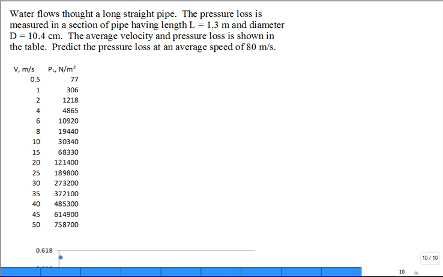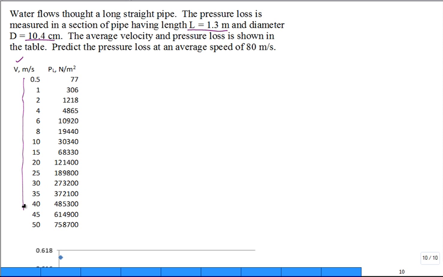Here's a problem. Water flows through a long straight pipe. The pressure loss is measured in a section of pipe having a length of 1.3 meters, and the diameter of that section is 10.4 centimeters. The average velocity and pressure loss is shown in the table. So they did some experiments. They had the velocity measured. You can visualize that as being the control.